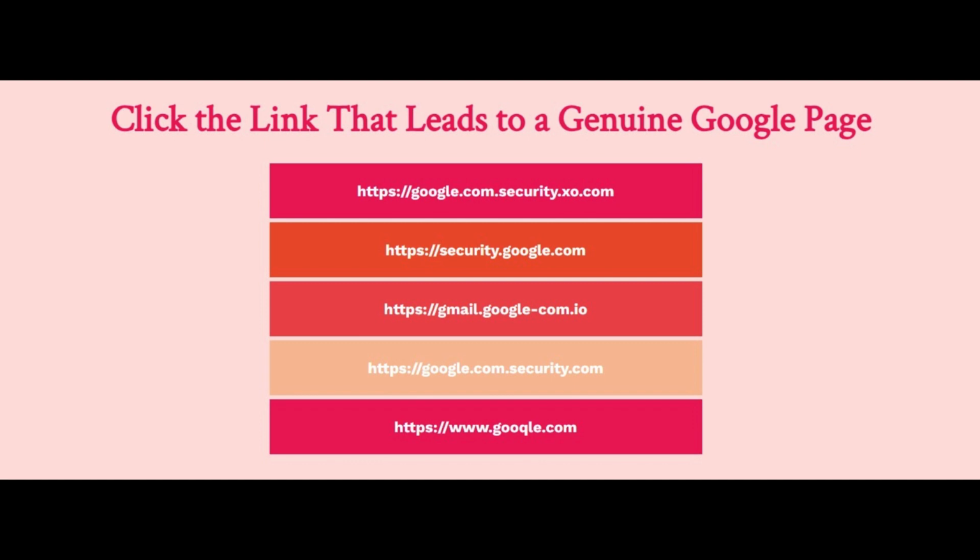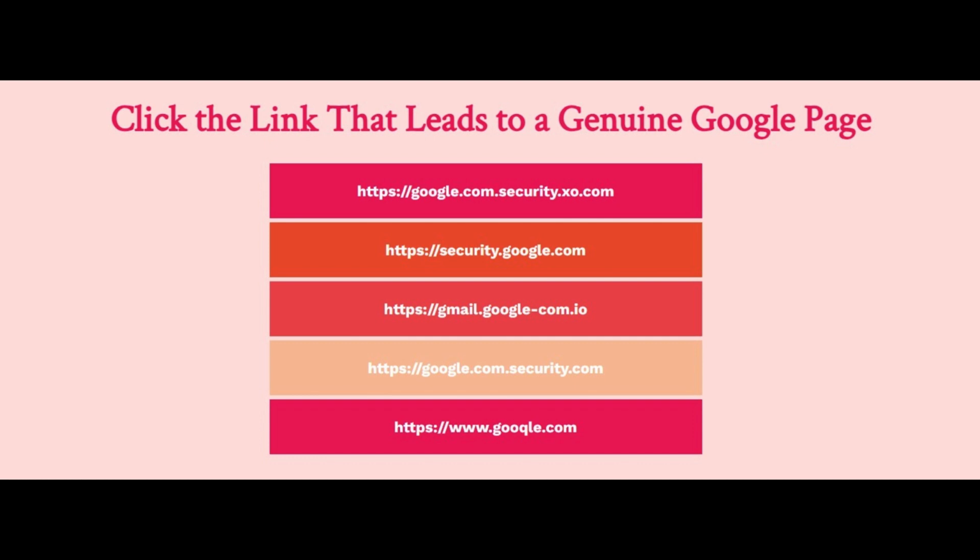As we have discussed earlier, the first one will take you to xo.com, the second one to reallyGoogle.com, the third one to .com.io, the fourth one to security.com, and the fifth one, although it looks like google.com, if you look carefully, the G is misspelled with something like a Q, so it will take you to a fake website.